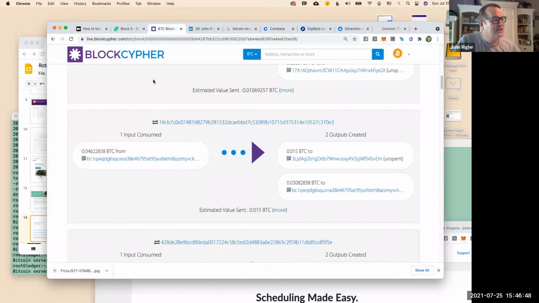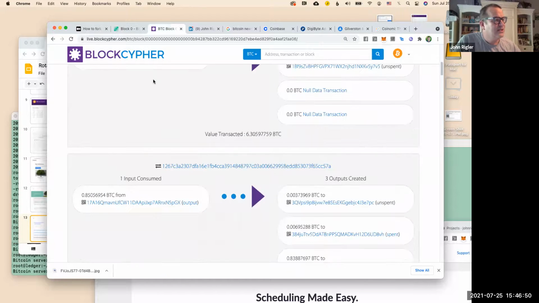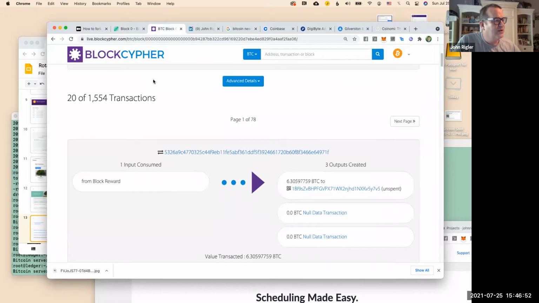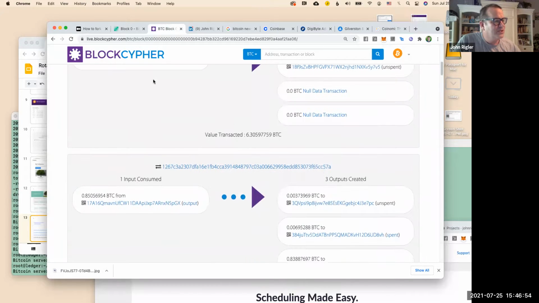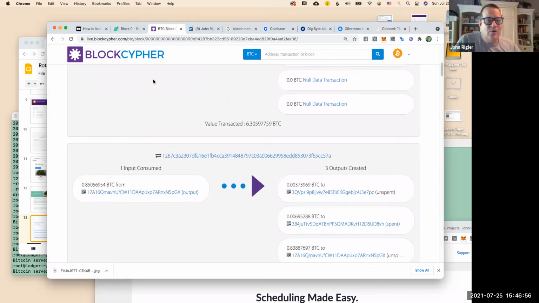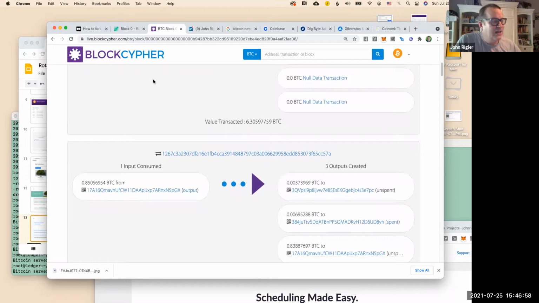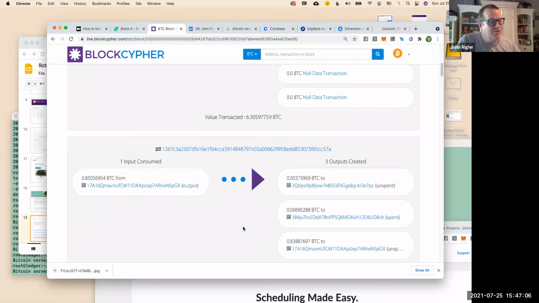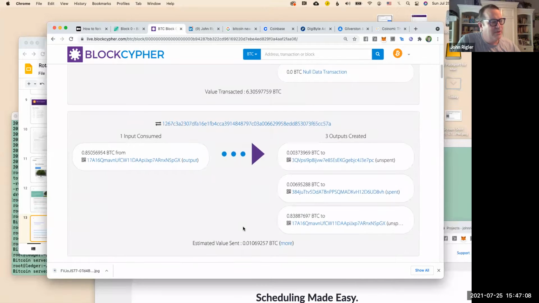Let's go back to here. So this shows you the Bitcoin ledger, right? I have the ability to read the ledger from a computer program too. But you can trace things back.